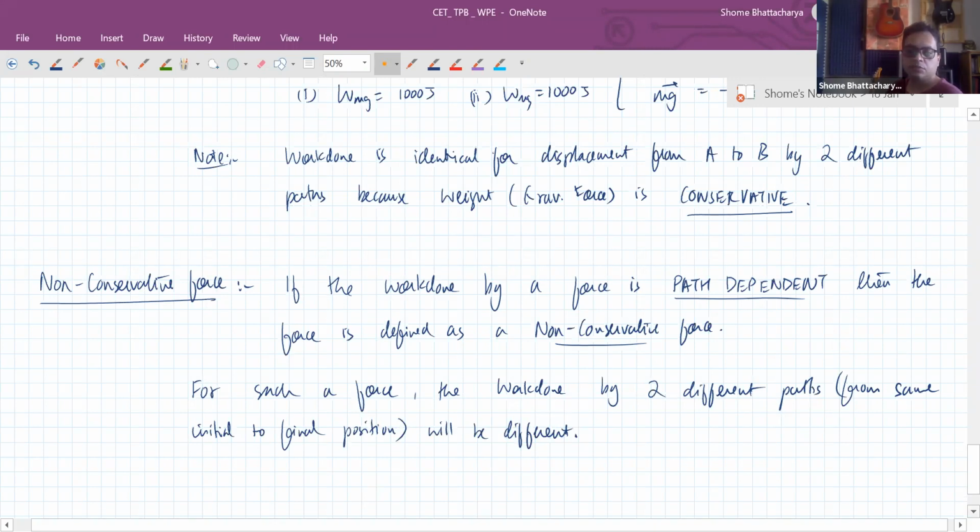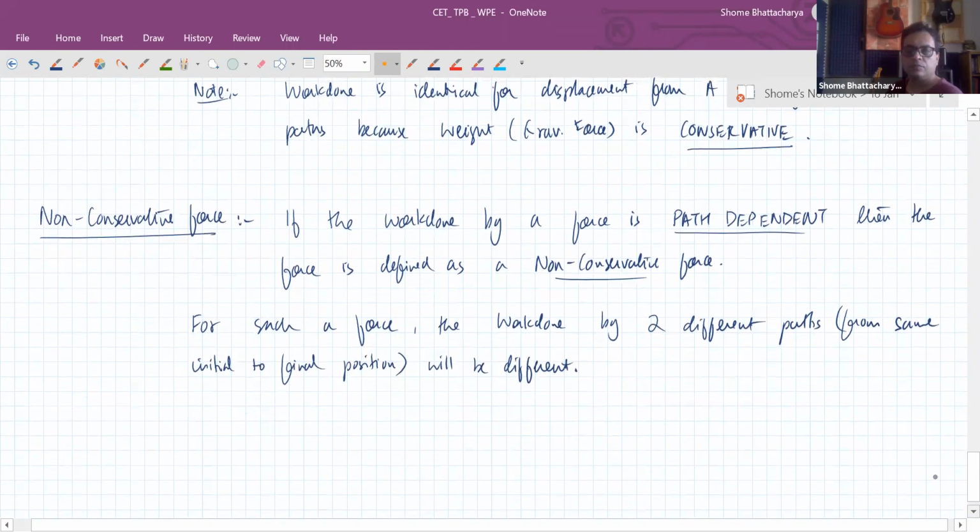That is the thing. So the best example of this is kinetic friction. And once again, I will show you with a numerical example how this happens for kinetic friction.